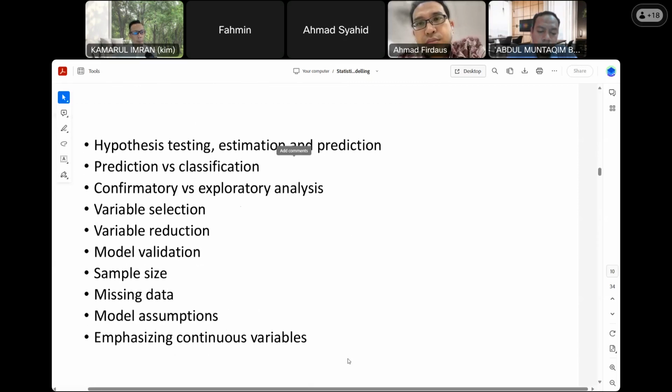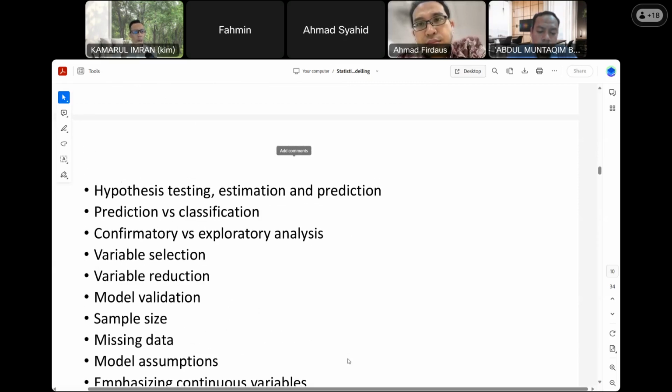And then also think about whether you are doing hypothesis testing, estimation or prediction, whether you are doing prediction versus classification, or regression versus classification. Are you doing confirmatory versus exploratory analysis?